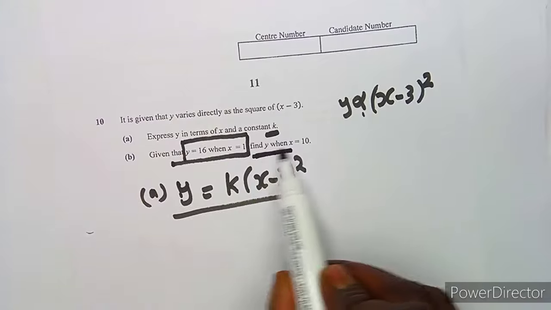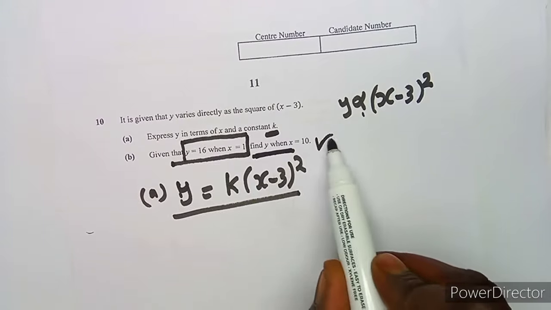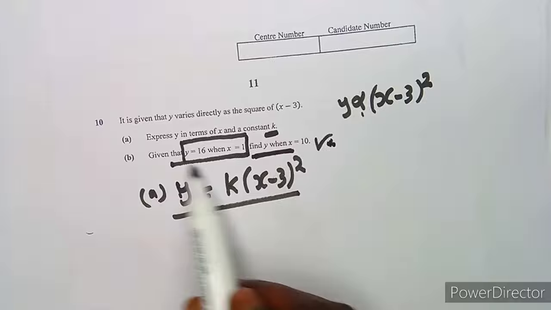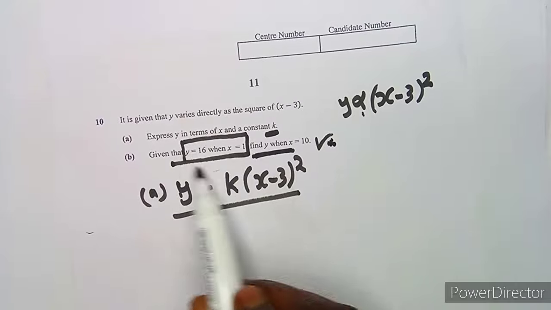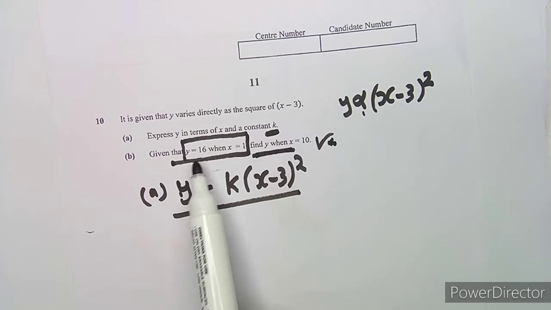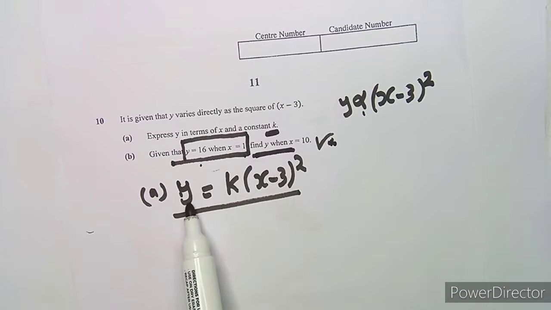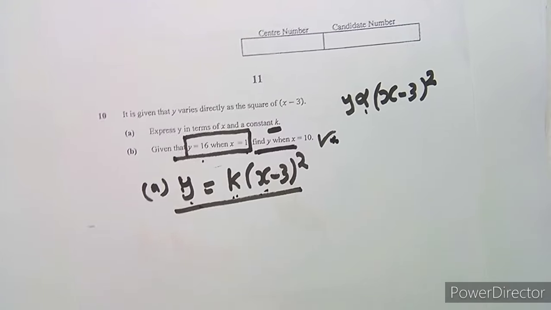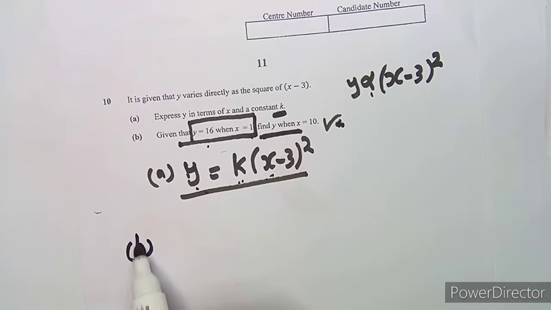This is another question you are supposed to calculate. But what about this information? That's the information you're going to use to find the value of k, because you've got the value of y and the value of x. So you simply substitute here and find the value of k. That's what you need first to find the constant.